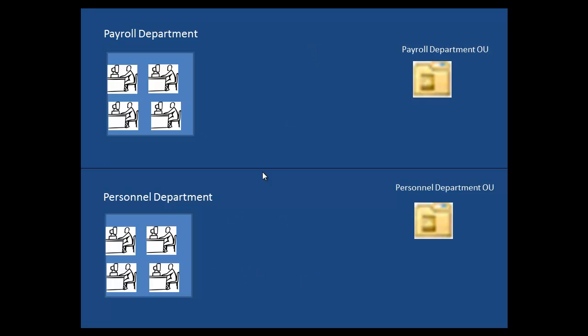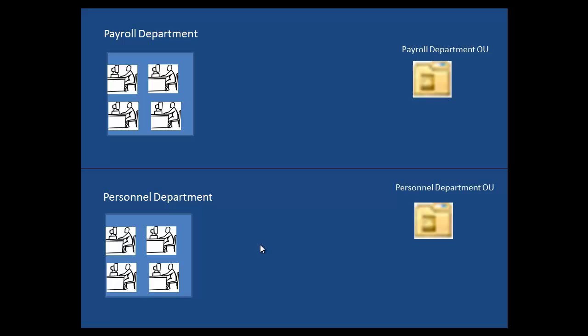So what we have to do then is to customize the template for the payroll department and apply it to the payroll organizational unit, where we would have placed those computers' accounts from payroll.